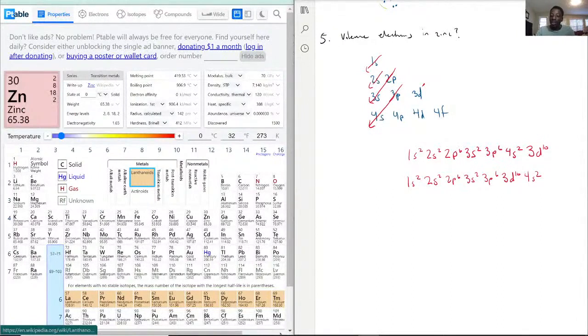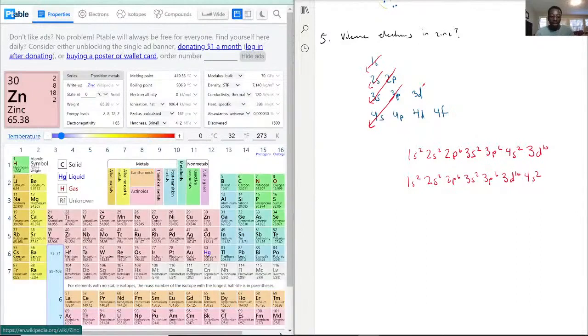You can check that you ended up on the 30th element by adding up all these superscripts: 2 plus 2 plus 6 plus 2 plus 6 plus 10 plus 2. And it does indeed equal 30. So this would be the electron configuration for zinc.